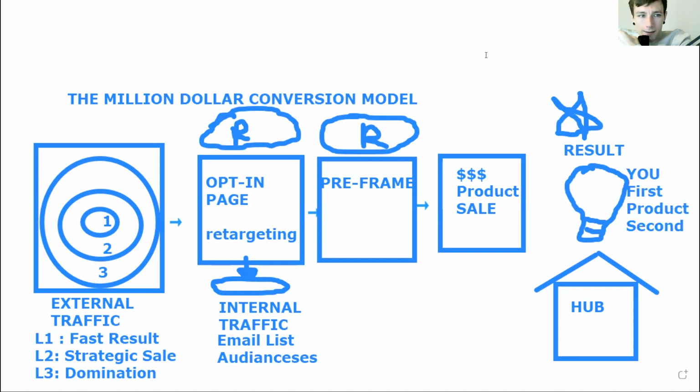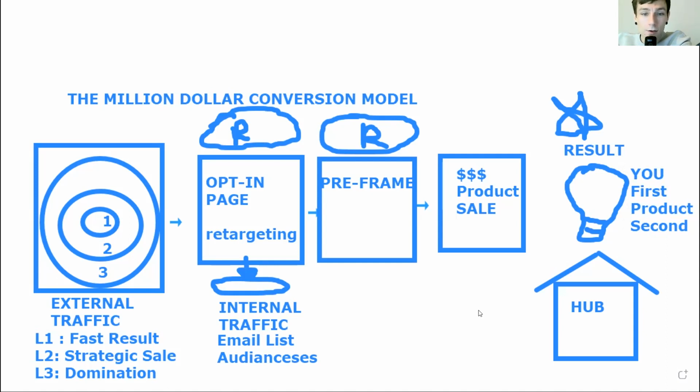When we're talking about this, have you ever seen people on Facebook, for example, promoting a specific product that everybody else in the market is promoting, and they're just promoting it based on the product?